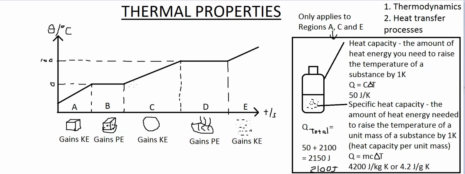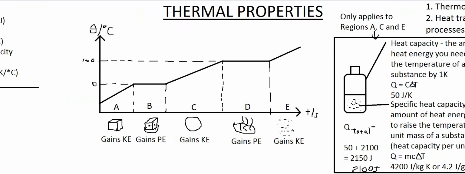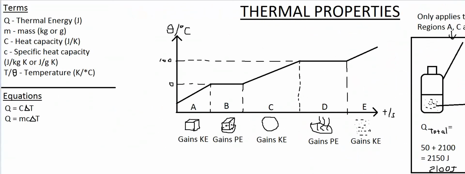For B and D, you need something different called latent heat. There are two types of latent heat.